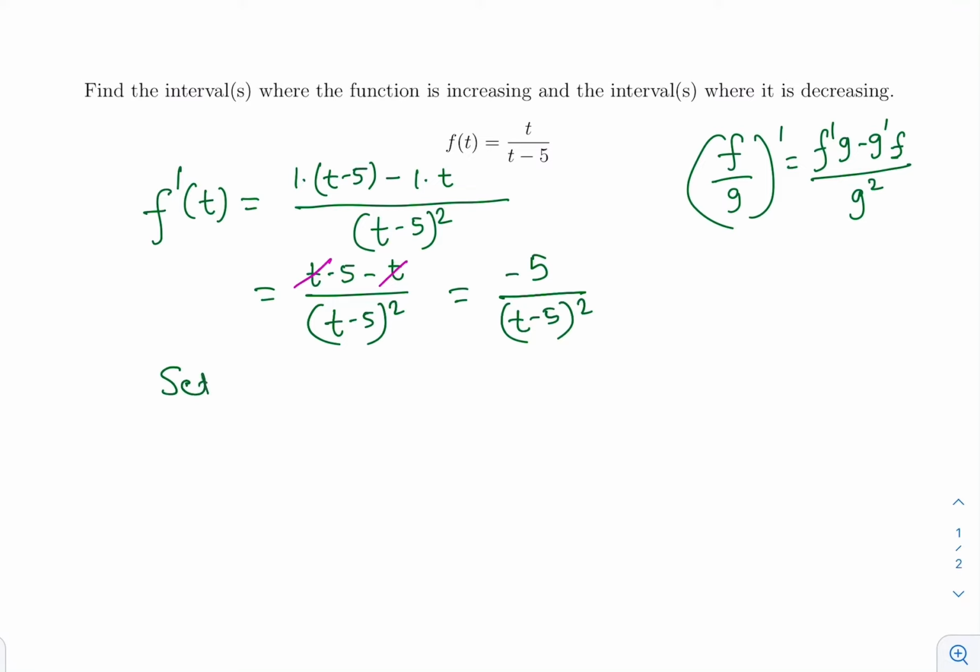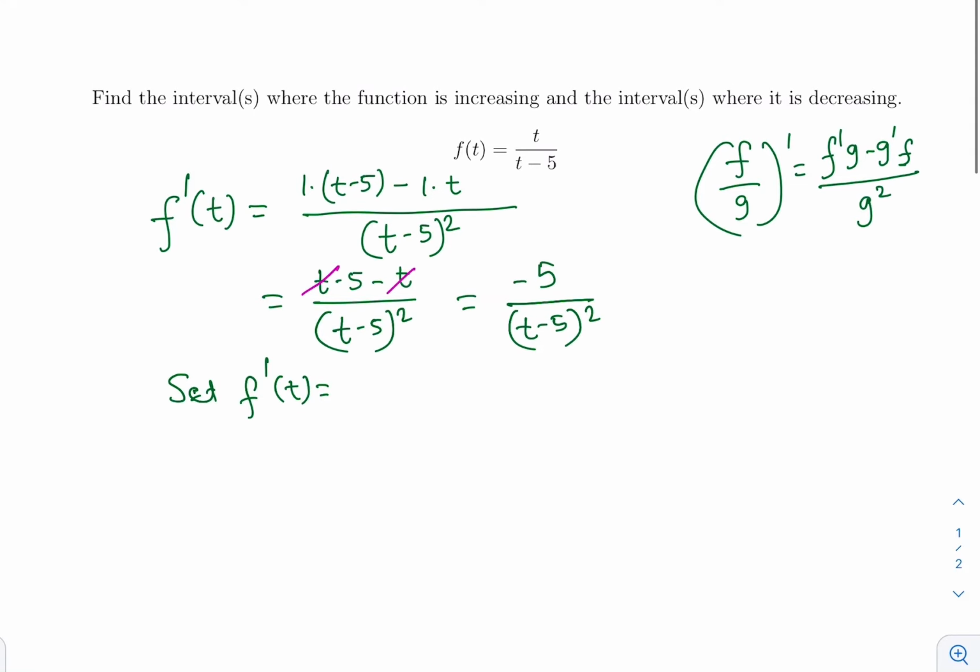Now we set the derivative equal to 0 to find any critical numbers. Derivative equals 0. That means negative 5 over t minus 5 quantity squared equals 0. Now we need to solve for t. We can think of 0 as 0 over 1 and cross multiply.